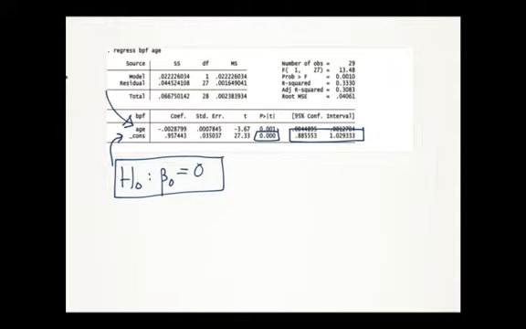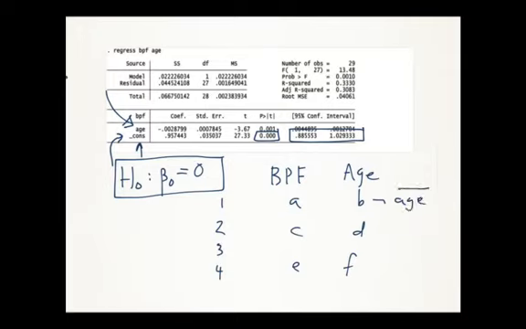One thing some statisticians like to do is center the covariates so that this constant is more meaningful. What do we mean by that? In a typical data set, we would have BPF and age, for patient 1, 2, 3, 4, they'd have some number A, some number B, and so on. Somebody might instead take the mean age, call it age bar, subtract it, and plug in the centered age instead.